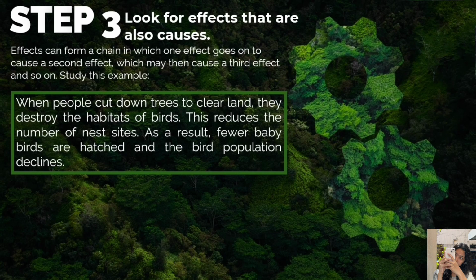The second effect, the number of nest sites is reduced. And the third effect, fewer baby birds are hatched. And the fourth effect is the bird population declines. I think the cause is people cut down trees.